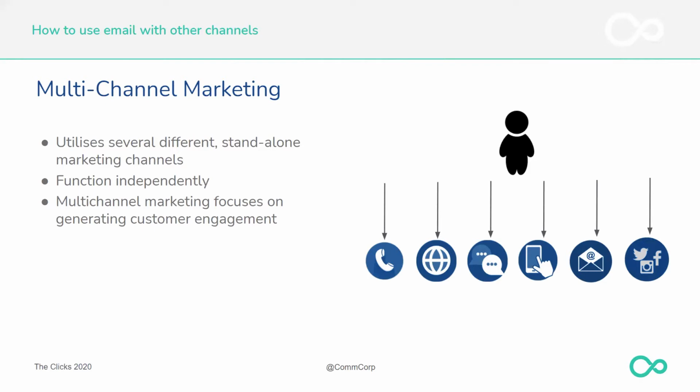Each channel has individual objectives and metrics, and they function independently from one another. Multi-channel marketing focuses on generating customer engagement, and usually the source of it is where they put the brand at the core of the marketing strategy.